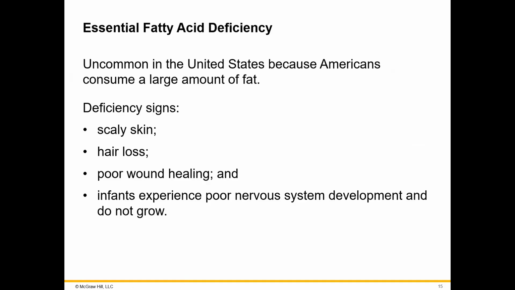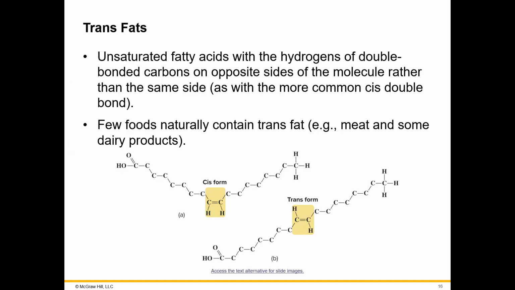But essential fatty acid deficiency is something I have seen a lot in clinical practice as far as poor wound healing, scaly skin, dry skin, hair loss, that kind of thing. So something to look out for, but usually not a major concern. The only time I've ever seen a fatty acid deficiency, excuse me, in clinical practice was in my frail elderly people who just weren't eating enough in general. Then we have trans fats.